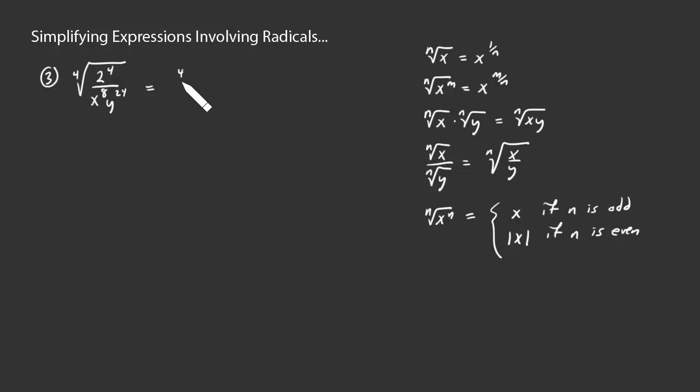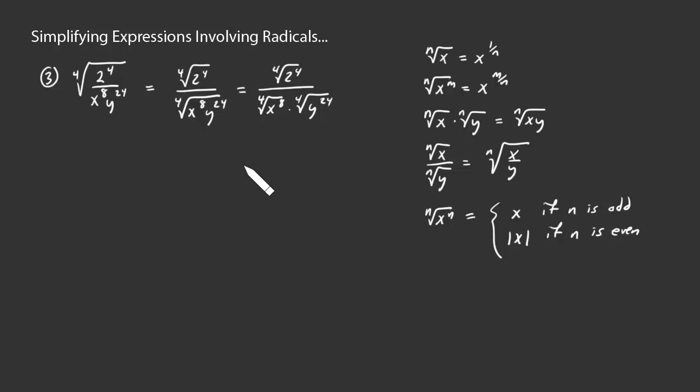So this would be the fourth root of 2 to the fourth over the fourth root of x to the 8th and y to the 24th. Look down here. We have a fourth root of a product. Nth root of a product could be written as the product of two nth roots. So I could write this as the fourth root of x to the 8th times the fourth root of y to the 24th. And that's still sitting under the fourth root of 2 to the fourth.